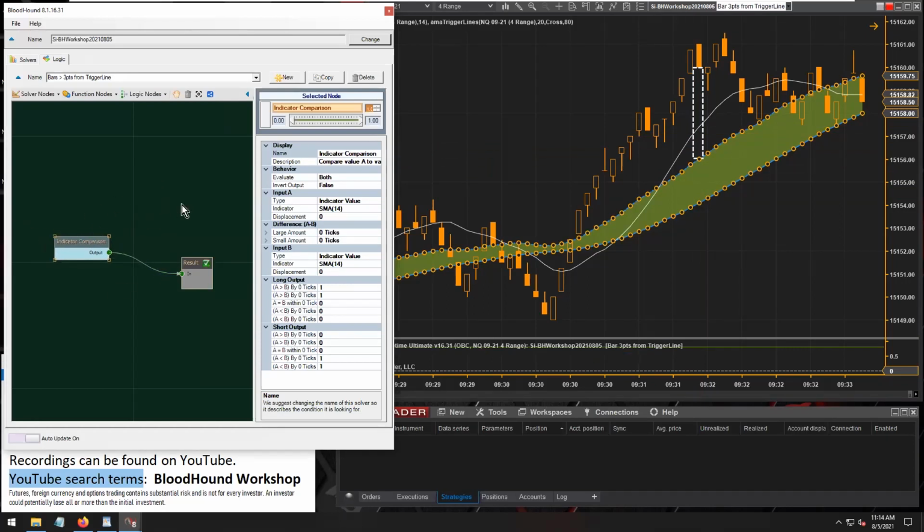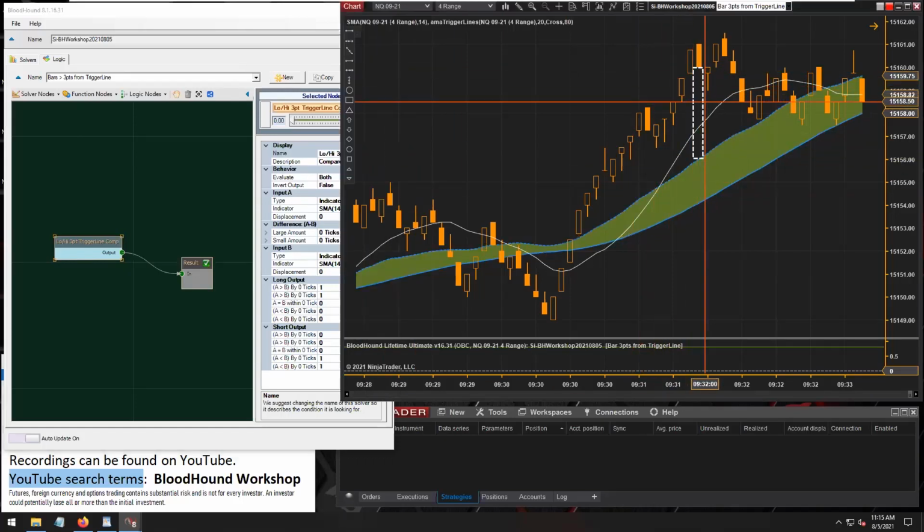With the comparison solver, we're going to compare either the bar low or the bar high price to the trigger line. The first thing we want to input is either the bar low or the bar high price.